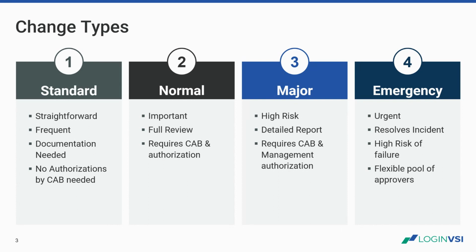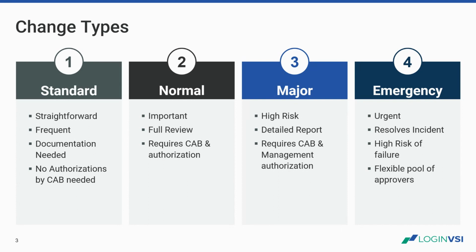And then finally, there's the emergency, right? Urgent, resolves an incident, critical failure, replacing equipment, etc. There's a high risk of failure because it is happening with urgency. And here you usually have a flexible pool of approvers because the goal is to get the service back online, right?